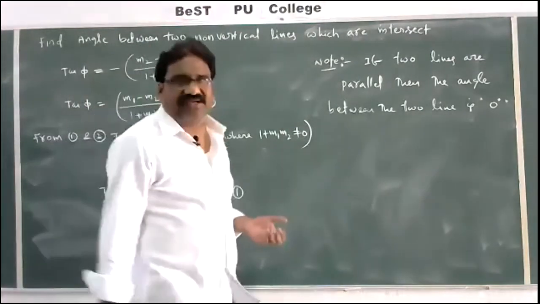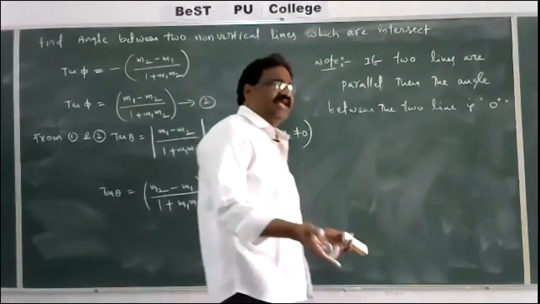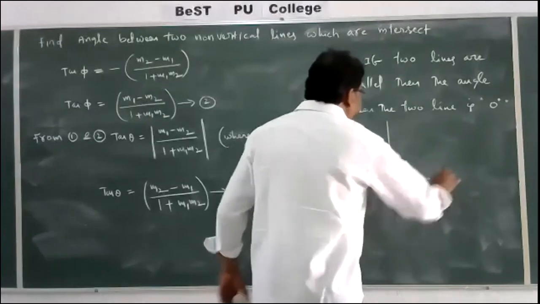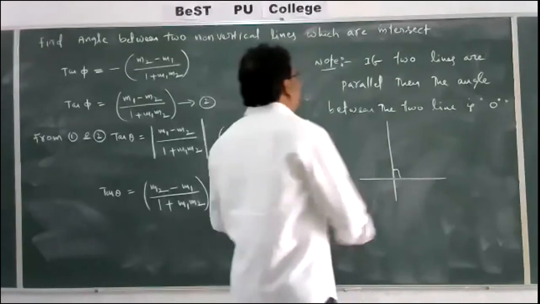If two lines are perpendicular, then the angle between the two lines is 90 degrees. If two lines are perpendicular like this, the angle between the two lines is 90 degrees. Right, that point also.